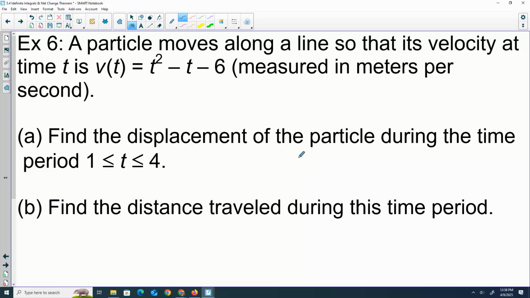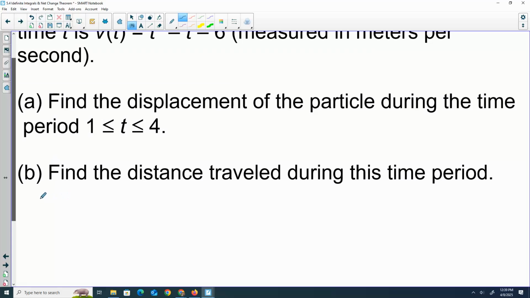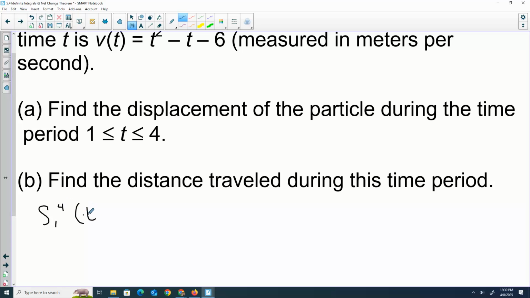So find the displacement of the particle during the time period 1 to 4. What does displacement mean? How far you are from the start. So displacement just means do the integral. So for part A, I'm going to integrate from 1 to 4 of my equation.